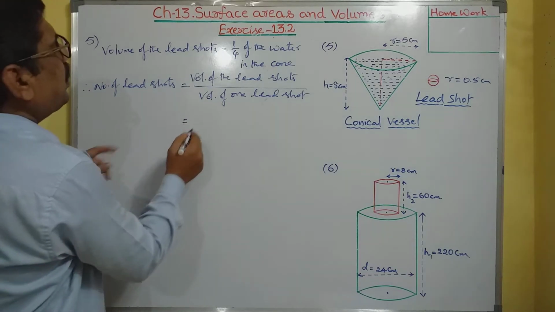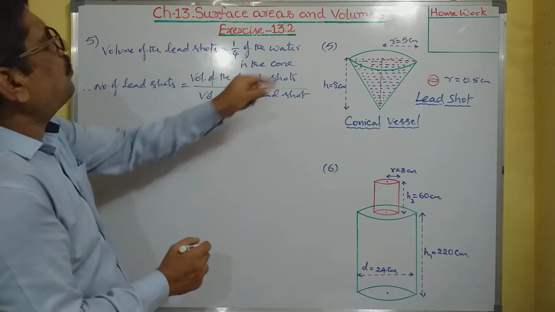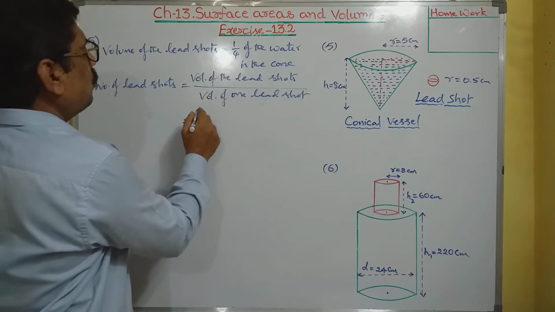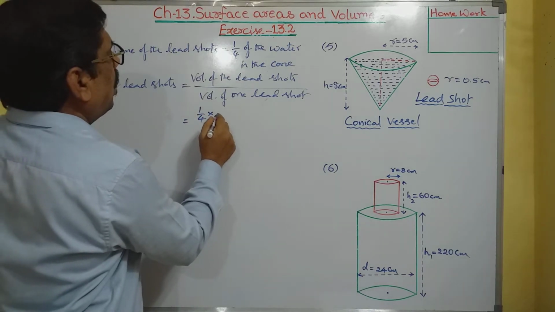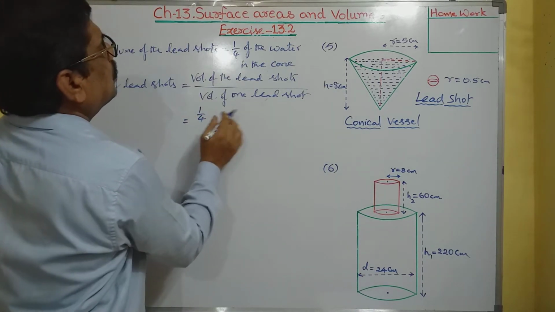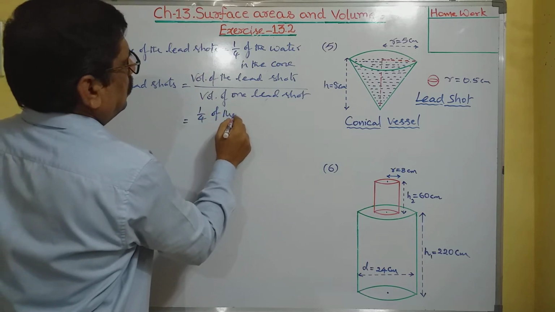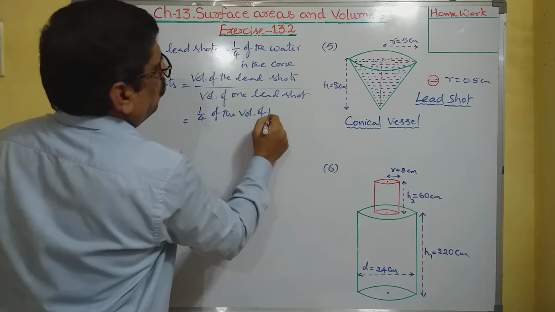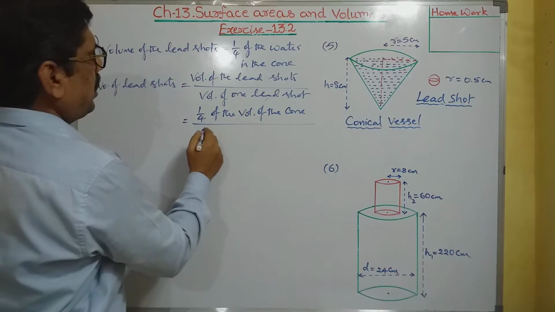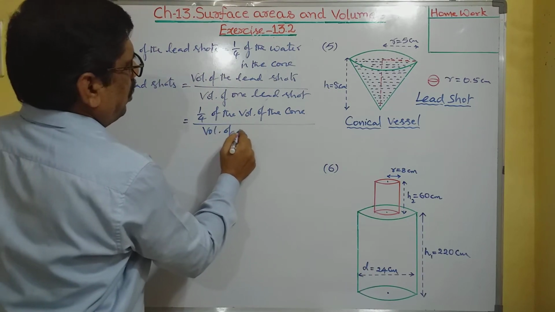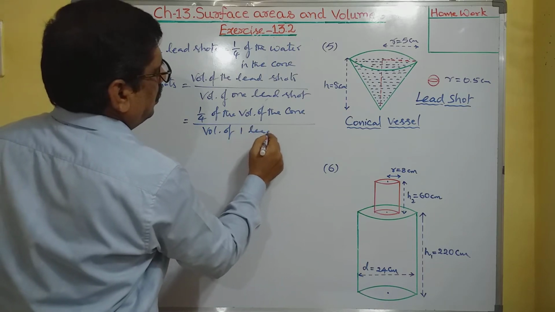The volume of the lead shots is equal to 1/4 of the water in the cone, so 1/4 of the volume of the cone by the volume of one lead shot.